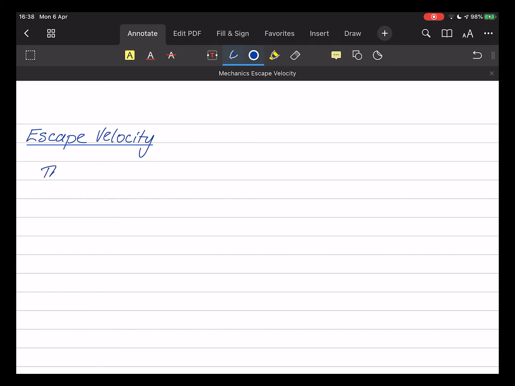So this is the velocity a body, actually it's the least, it's got to be going faster than that. So this is the minimum velocity a body must be moving at.